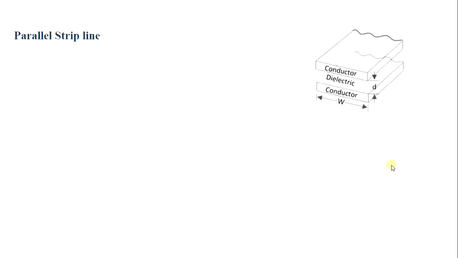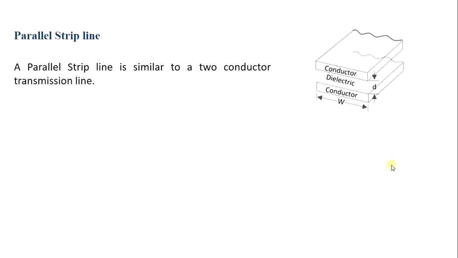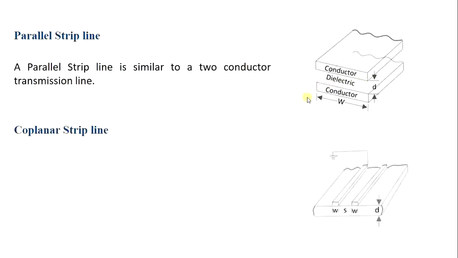Moving to types of strip lines, that is parallel strip line. You can see in the figure, this parallel strip line is similar to the two conductor transmission line. You can see there are two parallel conductor plates and they are separated with a dielectric. And the other is coplanar strip line.